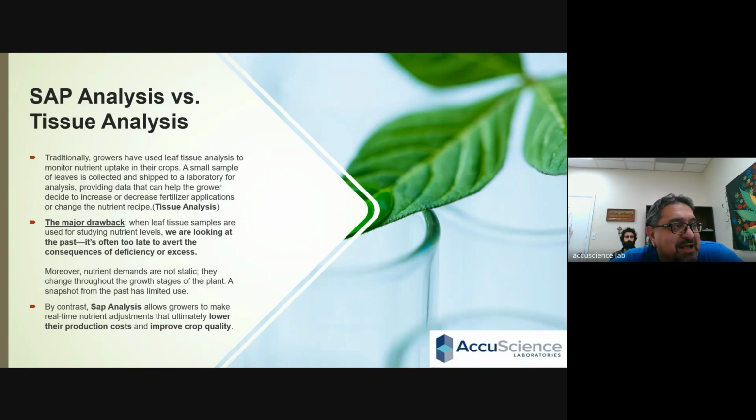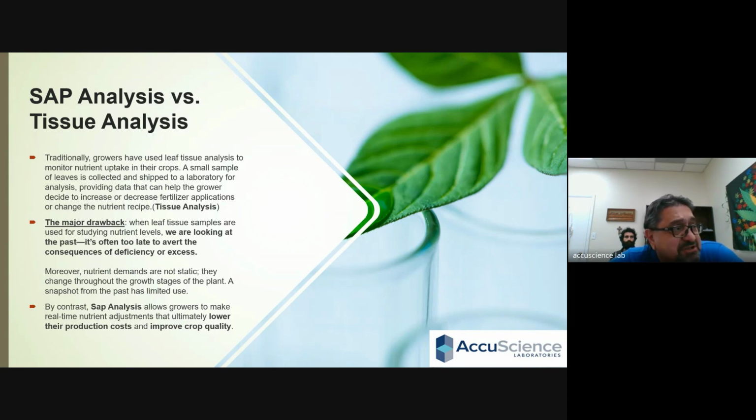You're looking at the past. It's often too late to avert any consequences of a deficiency or any excess of nutrients. Moreover, nutrient demands are not static. They change through the growth stage of the plant. A snapshot from the past has limited use.